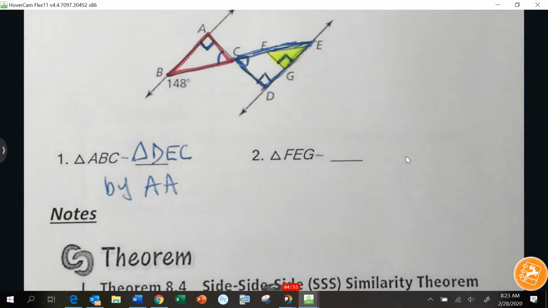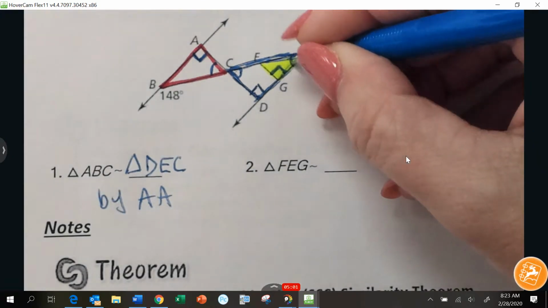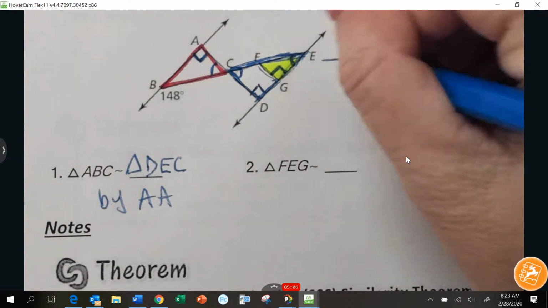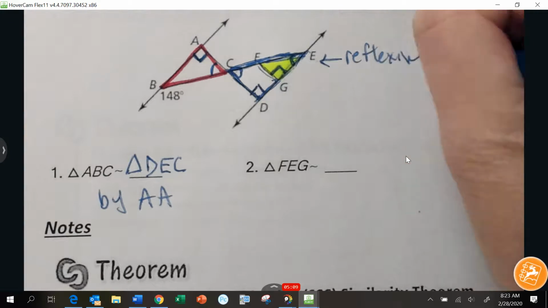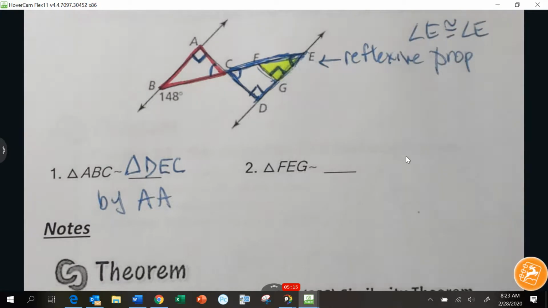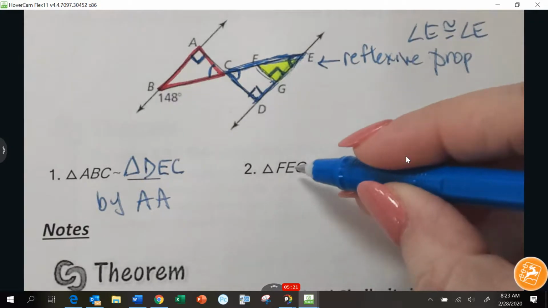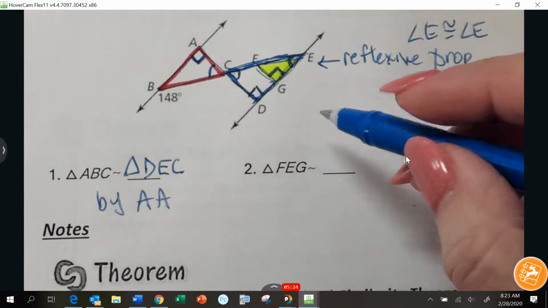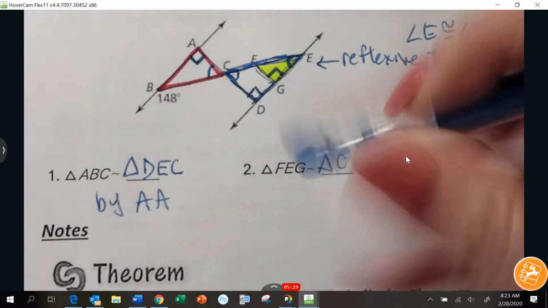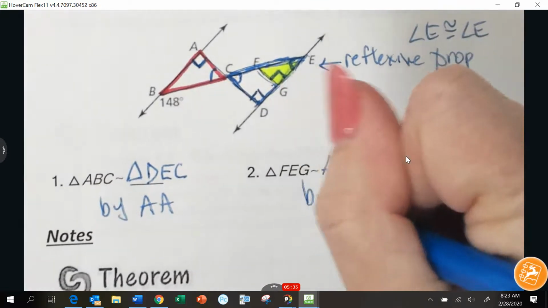Okay, angle E. If angle E is the same angle for both triangles by the reflexive property, then we have two angles that are congruent. Yep. So triangle FEG is similar to, can you say what you called it again? CED. That is correct. And then that's also by angle.